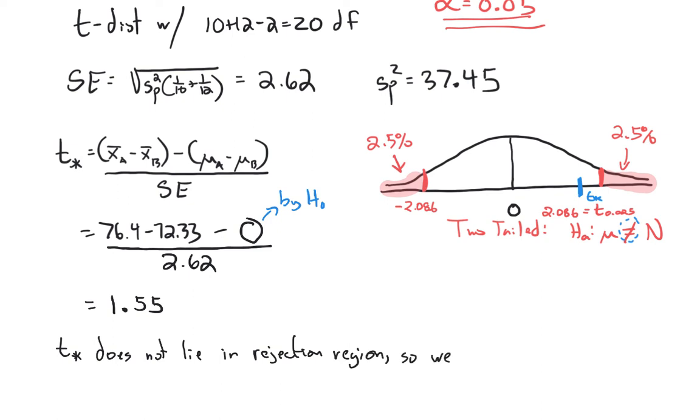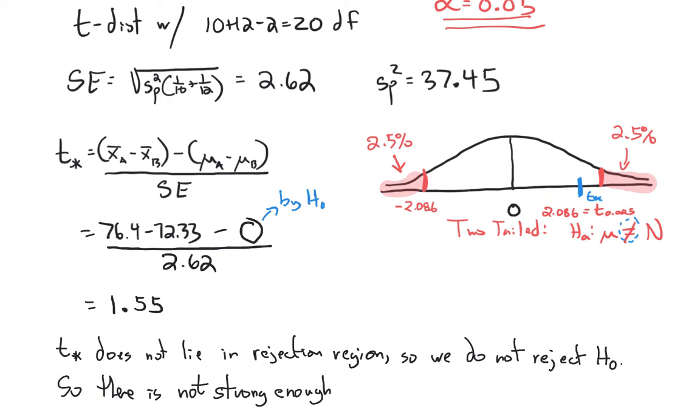So we do not reject the null hypothesis. So there is no, or not strong enough, evidence of a difference in mean reading scores.